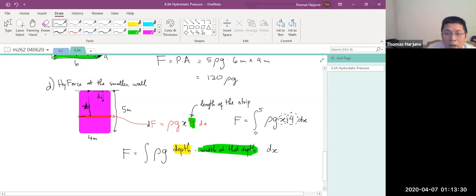Okay, that's how we get that function. That's how we get that integral.